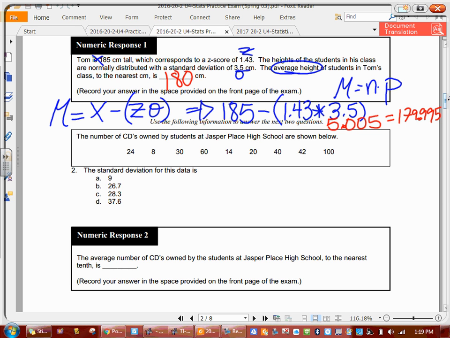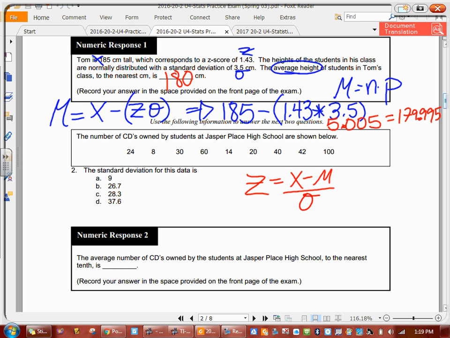Now, how could we check our work on that question? Well, let's take a look at the first statement. 185 is a Z-score of 1.43. Can we check and make sure that's true? Yeah, we can. We can go into our Z-score equation: x minus mean divided by standard deviation.